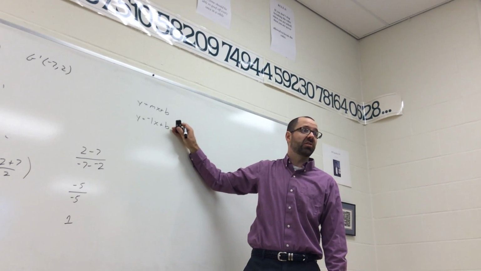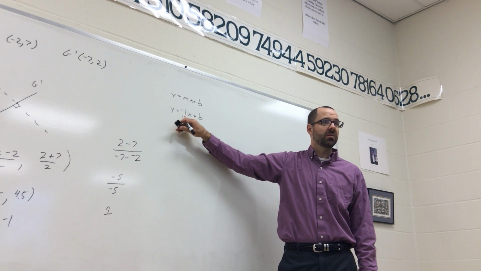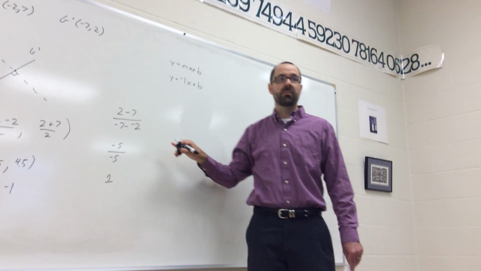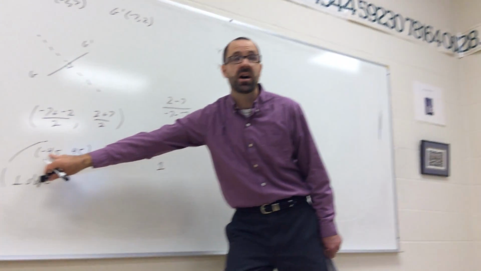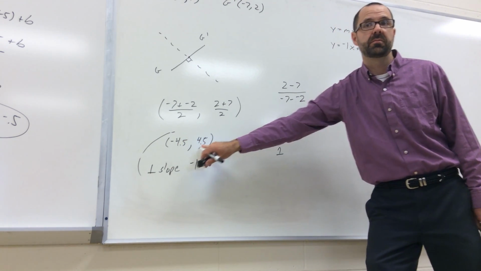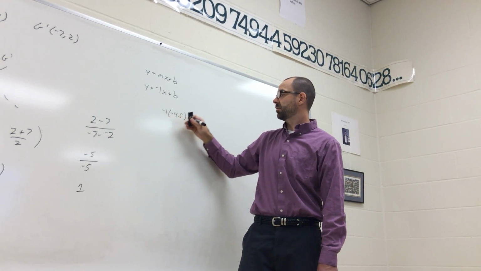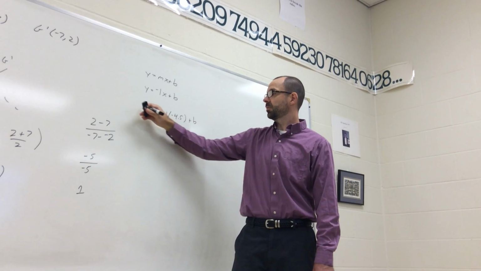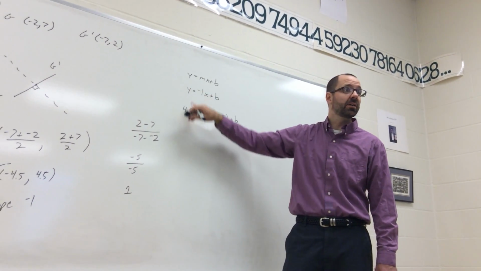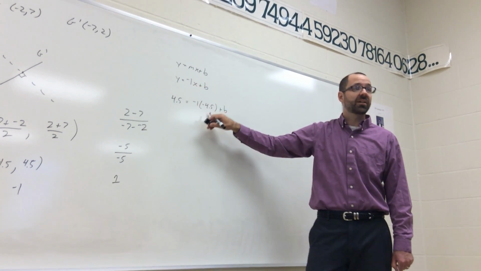We're trying to find a particular line, and we're halfway there because we have the slope. And then we just need to work to find the y-intercept. So I'm going to put -4.5 for x and +4.5 for y. So there's +4.5 plugged in for y, and here's -4.5 plugged in for x.